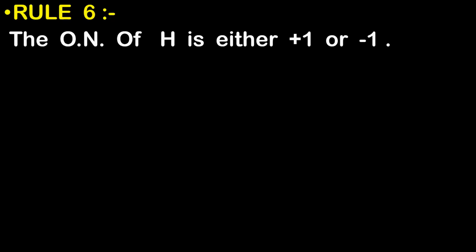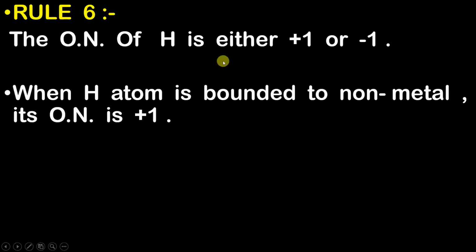Now when it is going to be plus 1, let's understand that. When a hydrogen atom is bonded to a non-metal, its oxidation number is plus 1. This ON is nothing but oxidation number. So when a hydrogen atom is bonded to a non-metal, its oxidation number is plus 1.